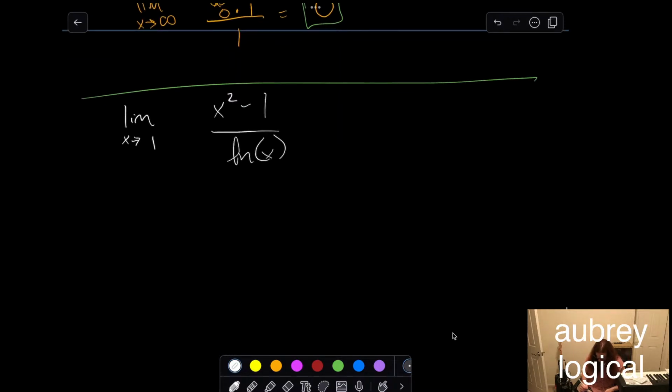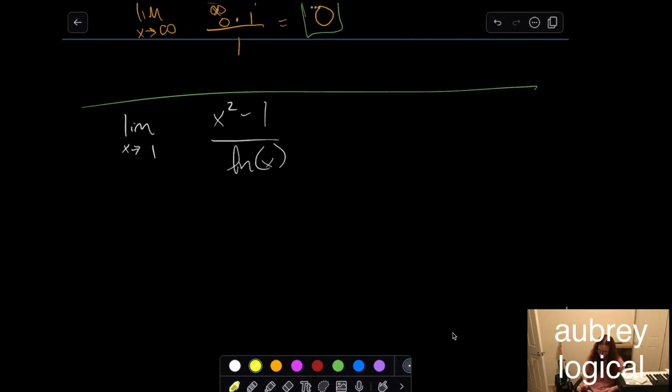Okay, so starting, we plug things in. 1 squared is 1, minus 1 is equal to 0. 0 over the ln of 1, which is also equal to 0. So 0 over 0 is indeterminate.